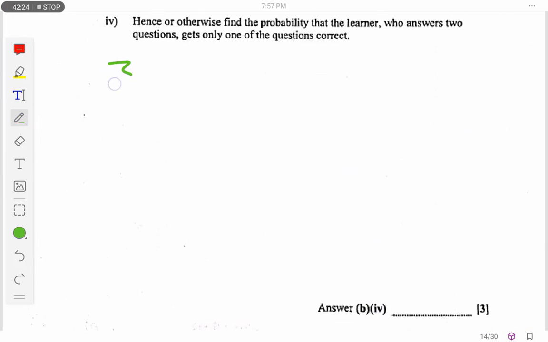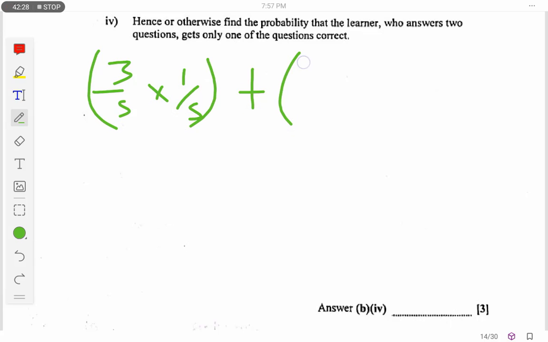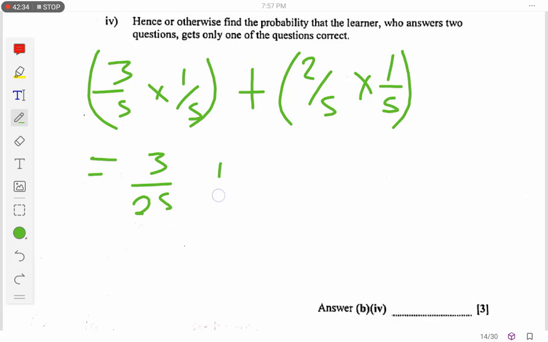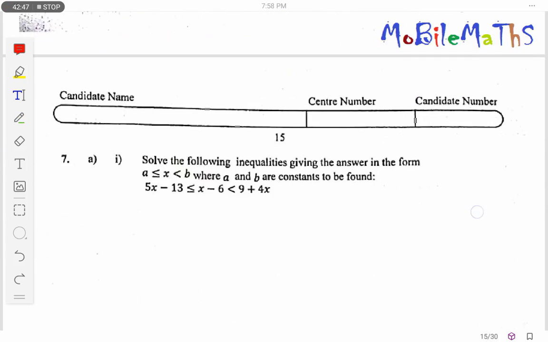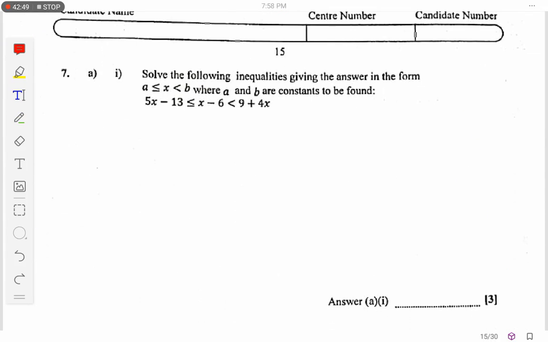So we said 3/5 times 1/5 plus 2/5 times 1/5. So this is going to be 3/25 plus 2/25. So it's going to be 5/25, which is equal to a 1/5. 5 into there, 5. So this is the probability then. Okay, let's move on to the next question.